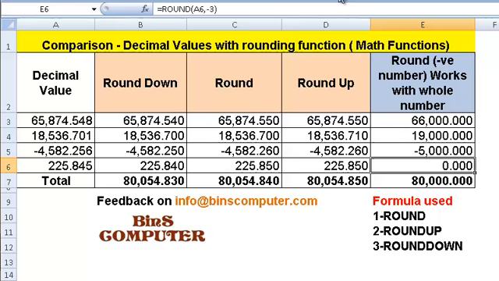So 874 is greater than 500, so the actual value is rounded up to 66,000. 536 is greater than 500, so it has been converted to 19,000, and 4582 gives 5,000 because 582 is greater than 500. In the 225 scenario, which is not going to be converted to 1000, the result is coming as 0.